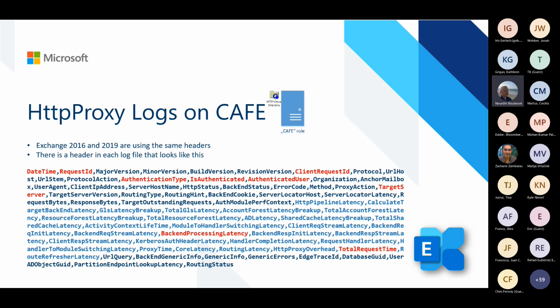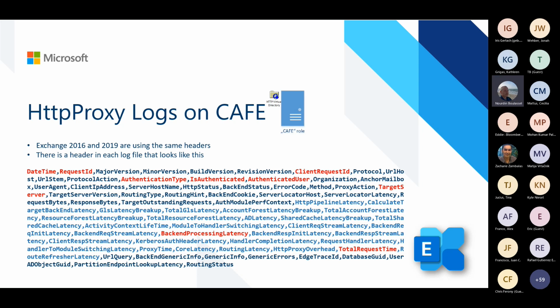I've highlighted in red, I think, for me, the most important ones when I look at this data: the date time, a request ID, the client request ID, authentication type. If the client is authenticated, who it is, the target server, which is the backend server that we are going to proxy that to, then the backend processing latency, and the total request time.